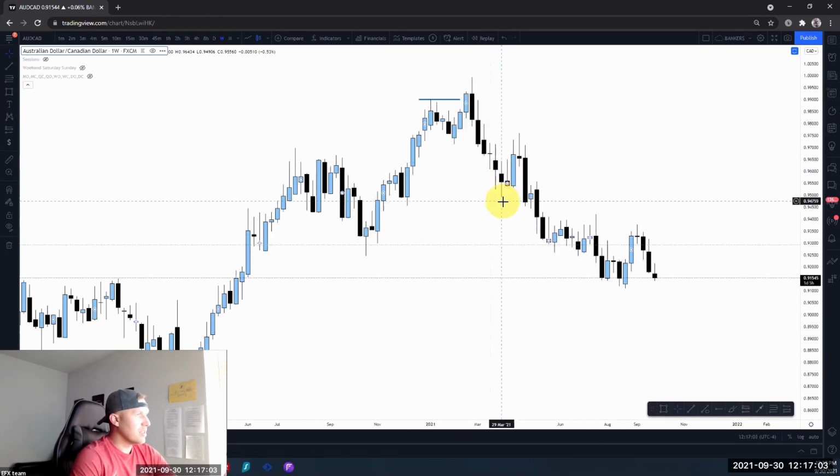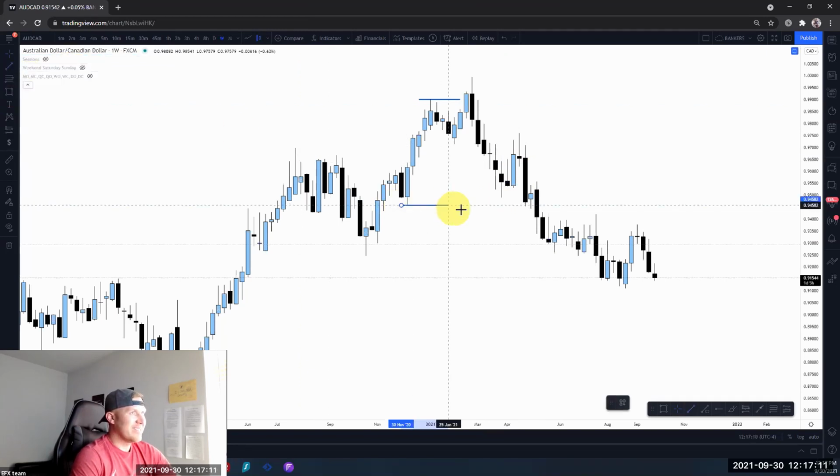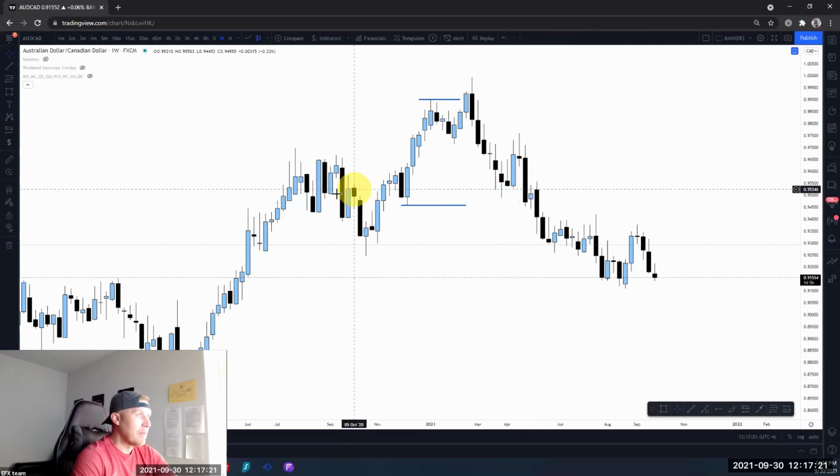Once I saw it starting to break structure and really just start showing bearish impulsive price action, I was initially looking to see what would happen at this point here, right? If this was just going to be a run on liquidity here, and then a push up and maybe try to go higher.